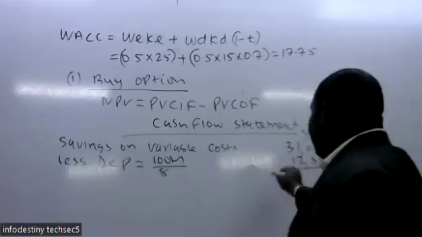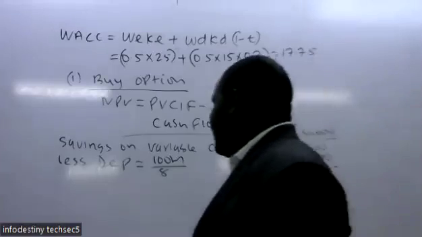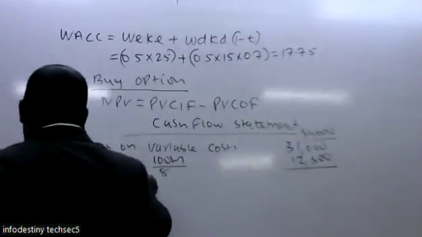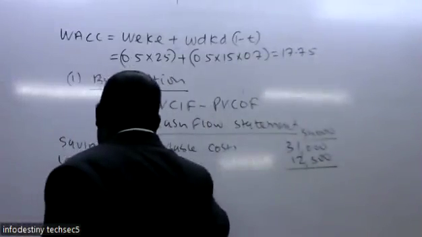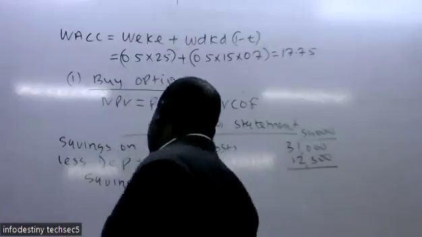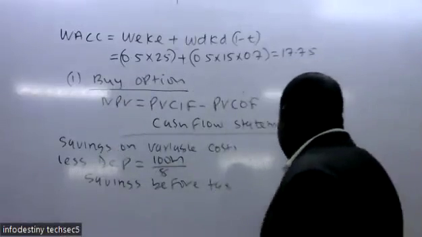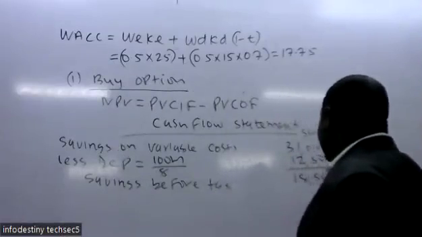So when we minus, we get the savings before the tax. So then 18,500.